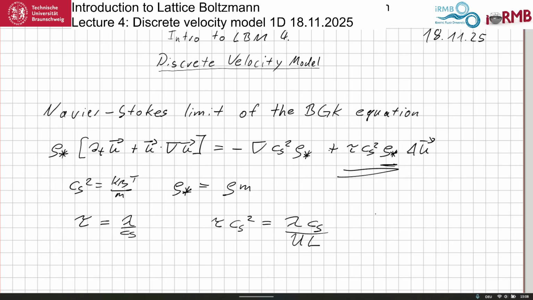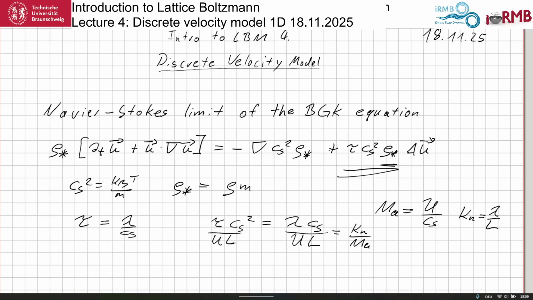We have the Mach number being U divided by cs, and we have the Knudsen number as lambda divided by L. So this is then obviously the Knudsen number divided by the Mach number. Or it's not consistent. Wait, it's not consistent. I have to write.